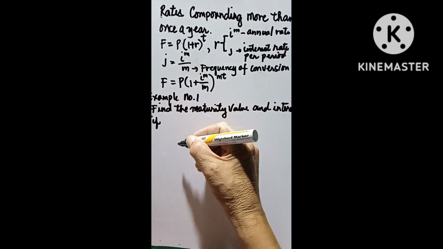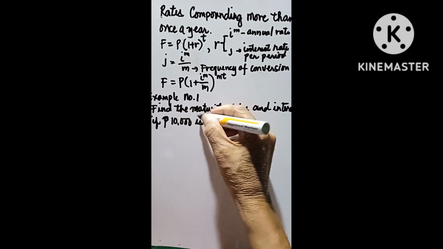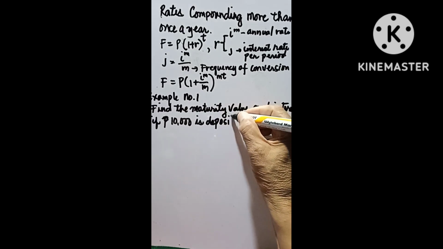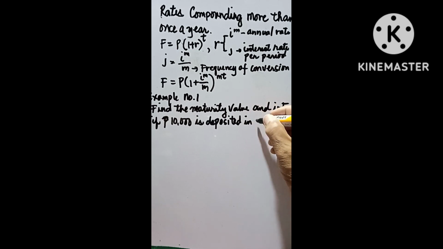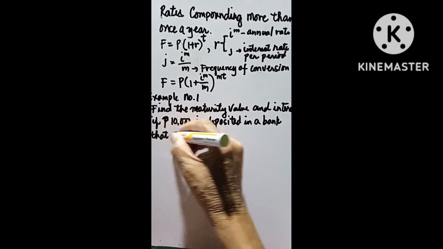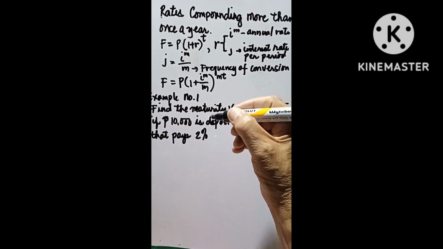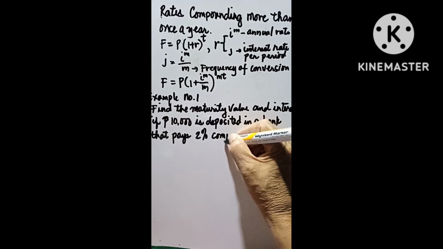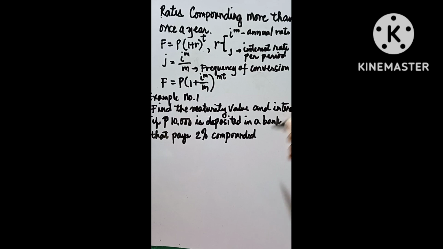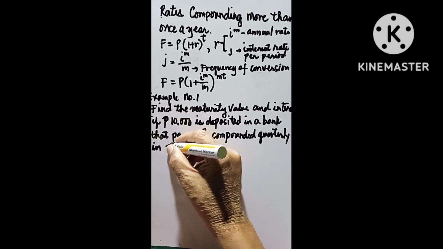If 10,000 pesos is deposited in a bank that pays 2% compounded quarterly in 5 years.